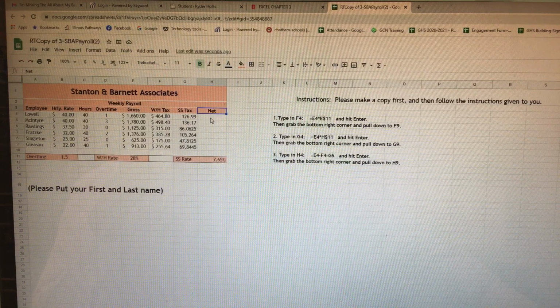Now the net, what the net is, is what do I have left over after these taxes are taken out? So I'm glad that you asked that. So equals, because we're doing this, okay?